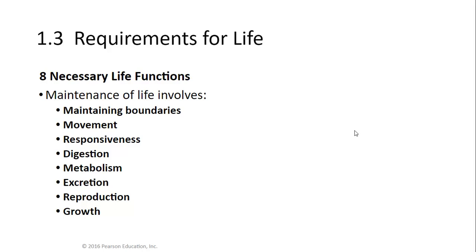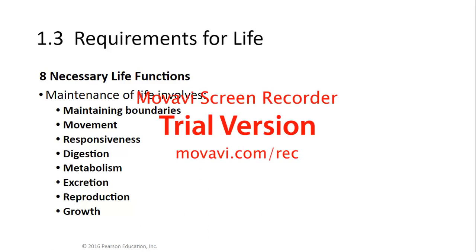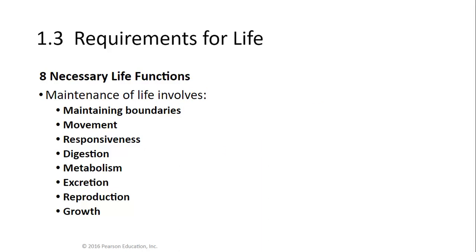All right, so the 8 necessary life functions. Again, you should know what its requirements for life. The 8 necessary life functions involve maintaining boundaries. Even if you look at a cell, which is a functional unit of life, cells have maintained their boundaries. They have a cell membrane.